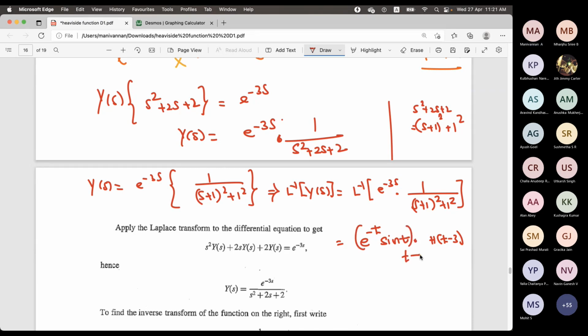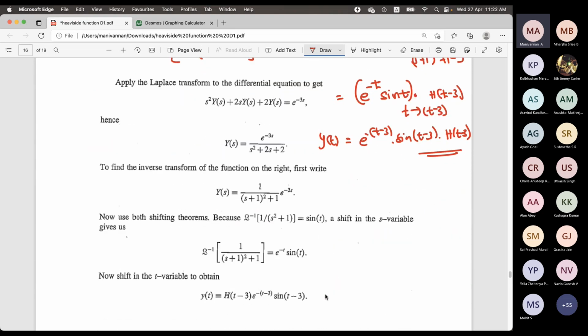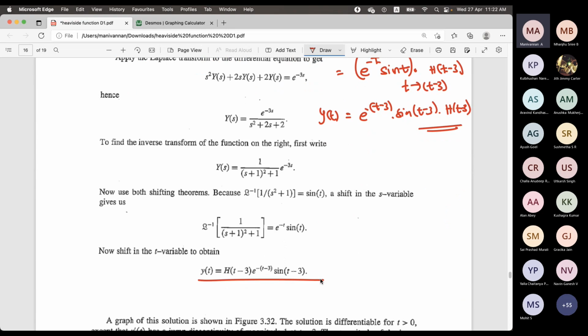Now t will be replaced by t minus 3, giving e raised to the power minus of t minus 3 into sine of t minus 3 into h of t minus 3, and this is my y of t. Just check the answer: y of t is e raised to the power minus of t minus 3, sine of t minus 3, and h of t minus 3.